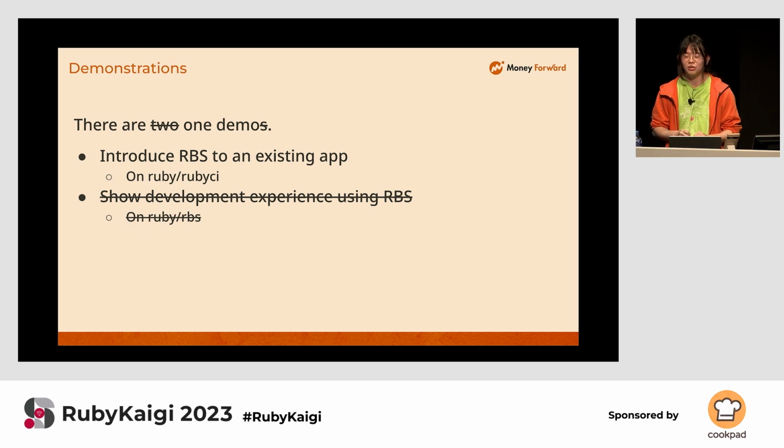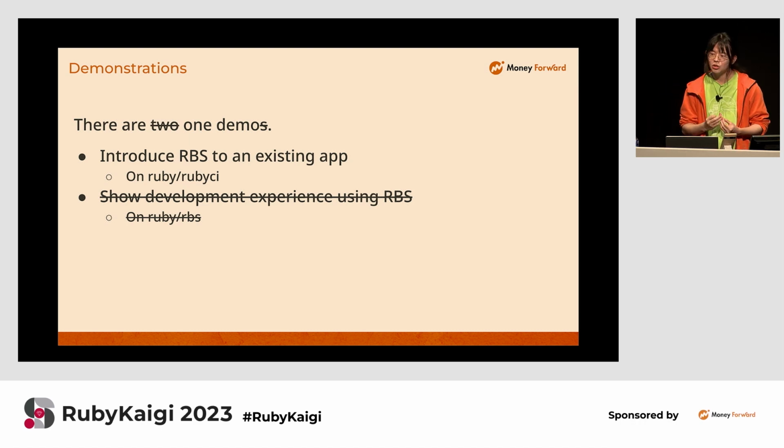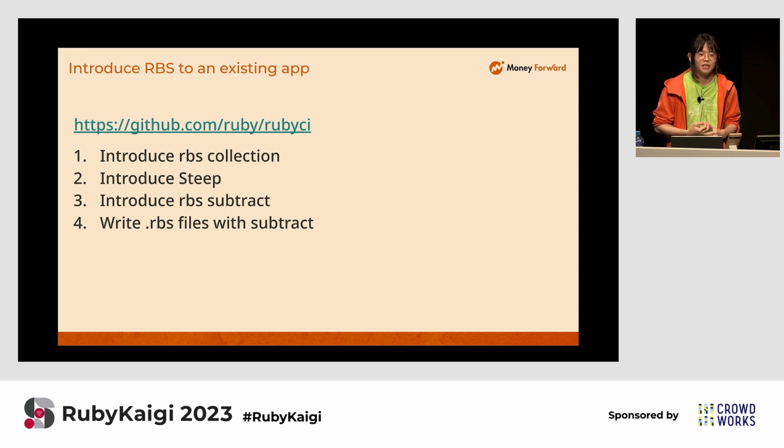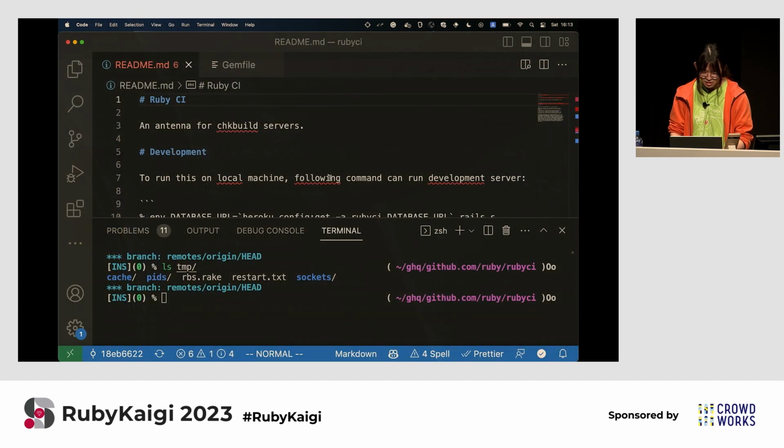Maybe you do not know this repository, but it is a small Rails application for Ruby CI. I will do the demonstration with the following steps: first, introduce RBS collection, then introduce Steep and subtract, and write RBS files with subtract. So let's start the demonstration.